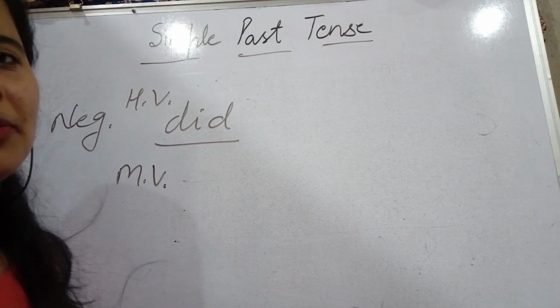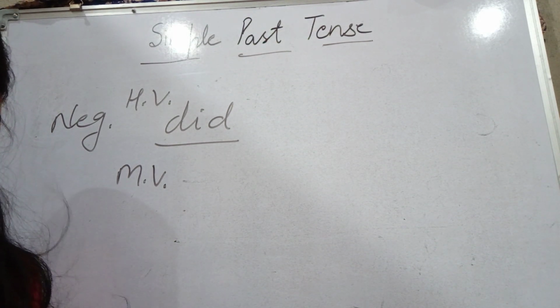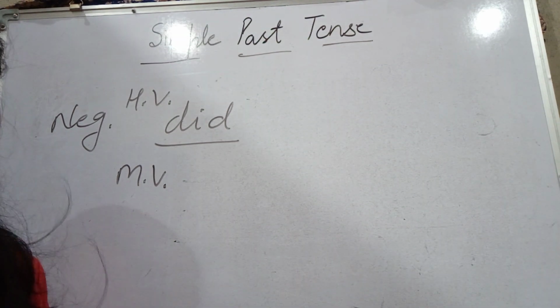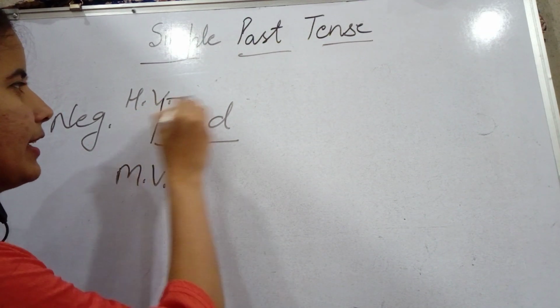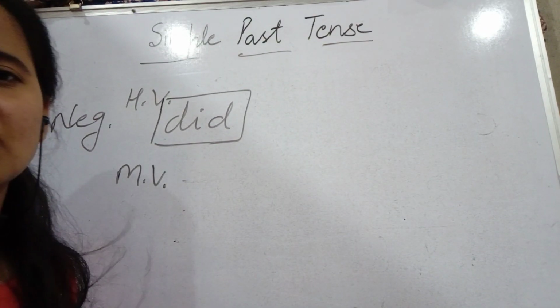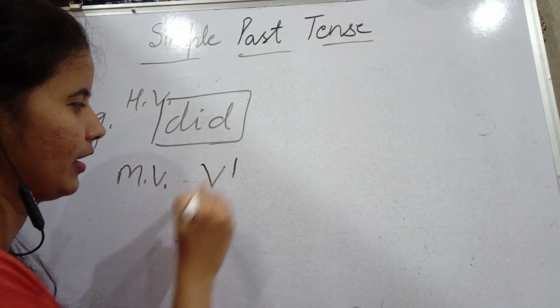And the main verb: which form of the verb will we use here now? Can we use V2 here? Guess. Not at all. Dear students, do remember, if did is there, we can't use V2. Here we will use V1.